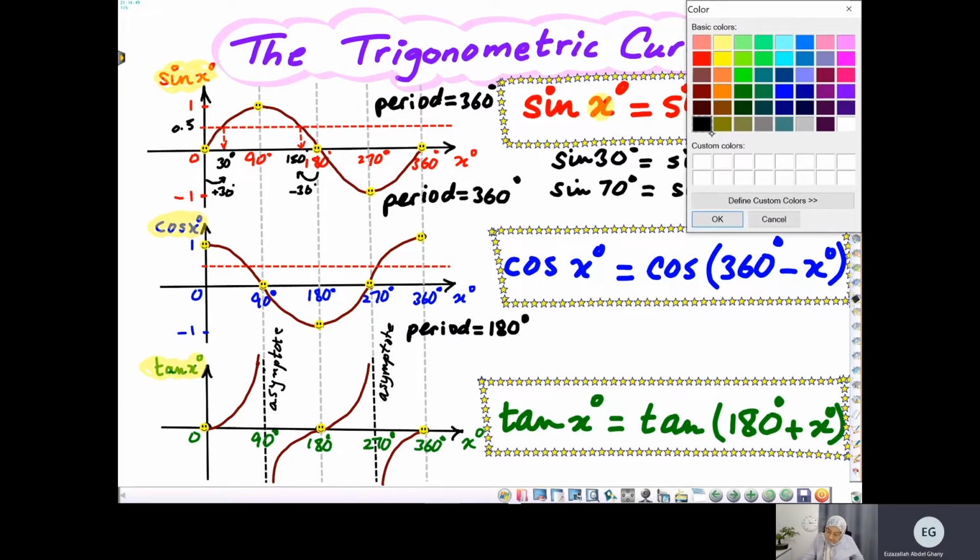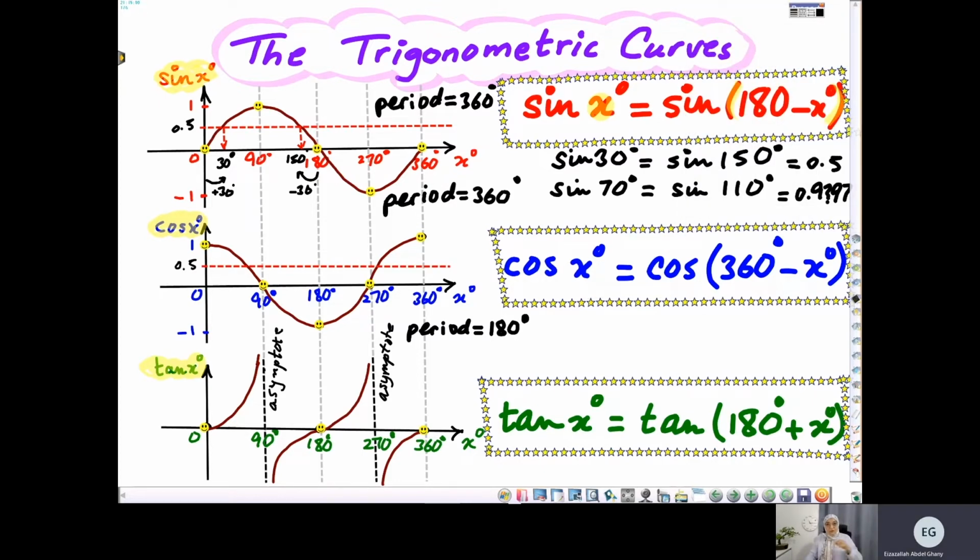At 0.5, we took a horizontal line, and then it cuts the curve at two places, but they are far from each other. One of them at an acute angle as usual, and the other one at an angle which exceeded 270 degrees. It means it cuts the curve at an acute angle and at a reflex angle.